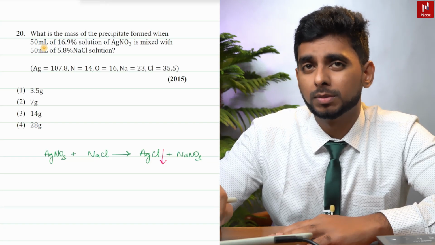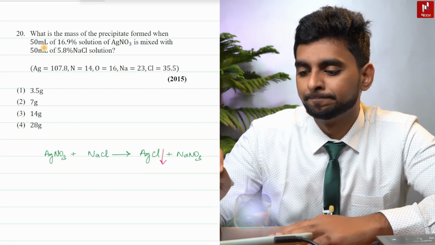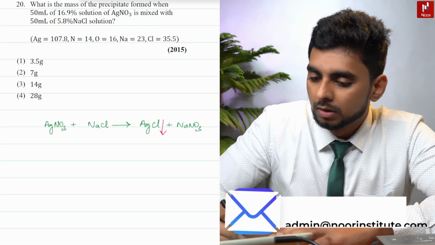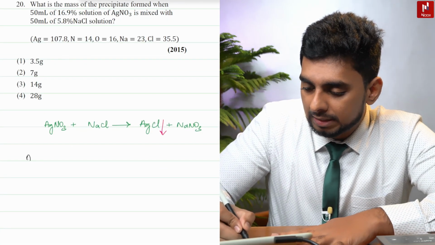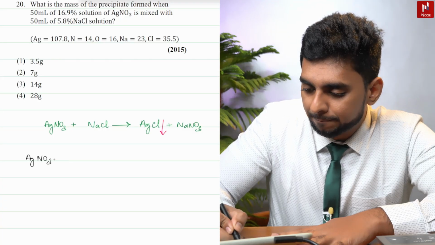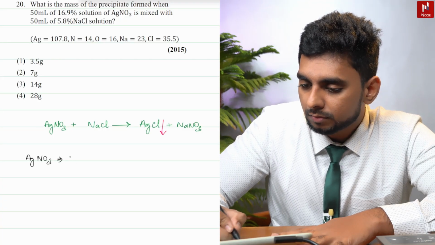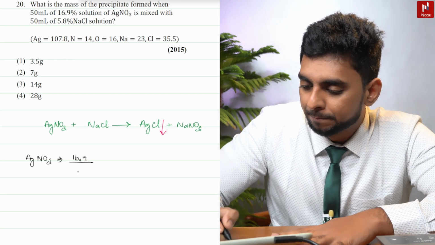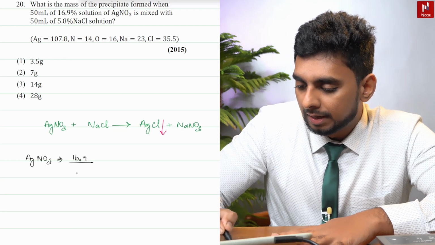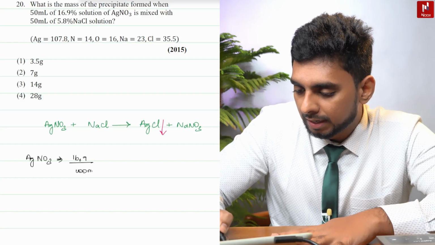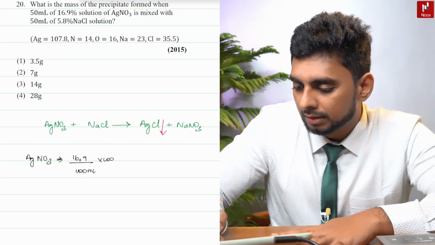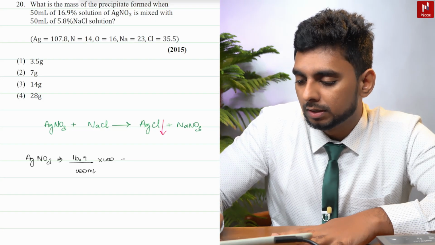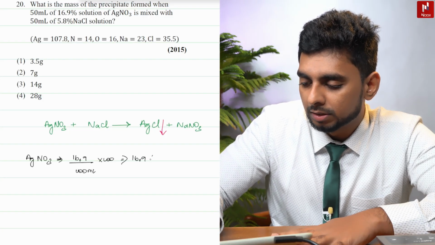In the case of AgNO3, you will have the mass of AgNO3 as 16.9 divided by 100 ml, into 100, that will give you 16.9 percentage.